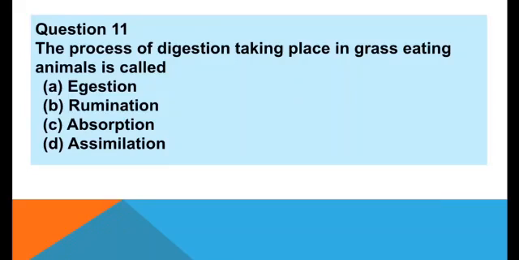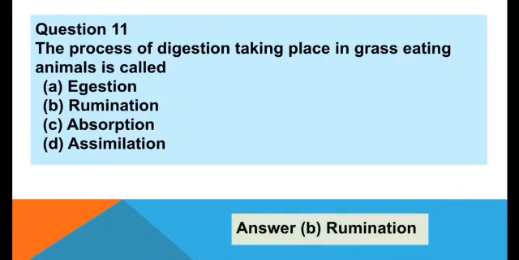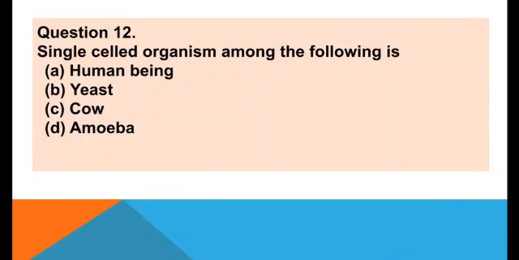Your options are option A, digestion, option B, rumination, option C, absorption, and option D, assimilation. Yes, you can guess it very quickly. Yes, this is rumination. Option B will be the correct answer. The grass eating animals are called ruminants, and the process of digestion of food in grass eating animals is called rumination.